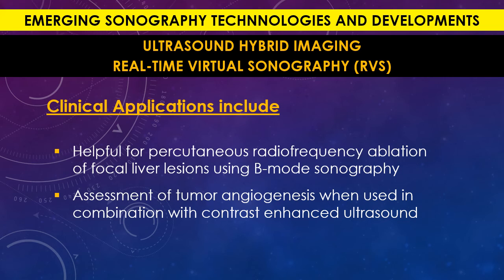Based on the advantages and disadvantages that we have seen for these hybrid techniques, there are some limited applications. One of them is called radiofrequency ablation, which uses a needle to char or burn small lesions in, for example, the liver or other parenchymatous organs in the body. So this technique is helpful in precise application of the needle.